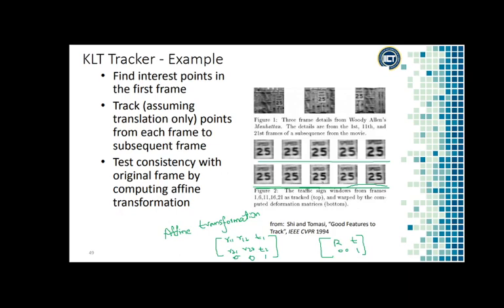So basically, if you apply the affine transformation prior, then you can say that we are using an affine model, which was actually proposed by Shi and Tomasi before.